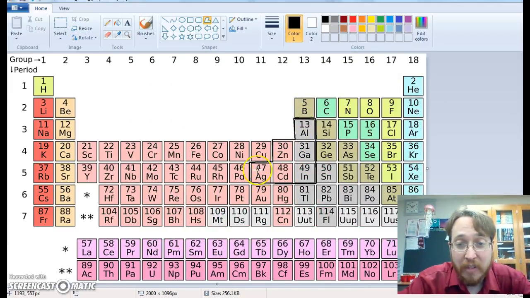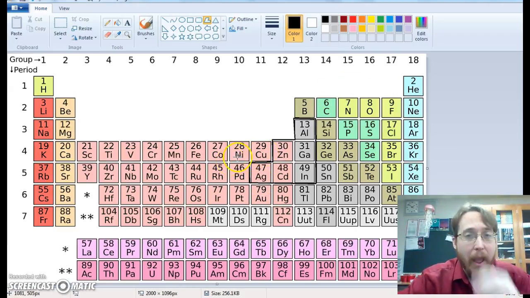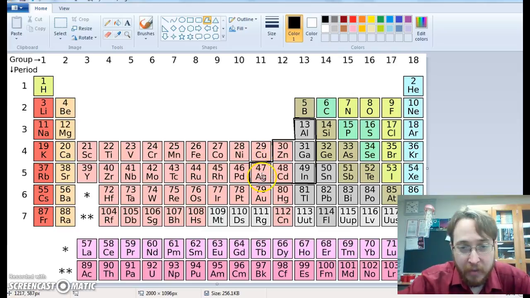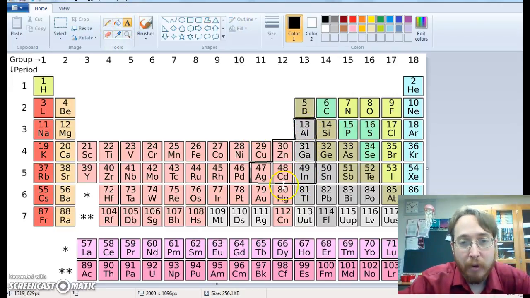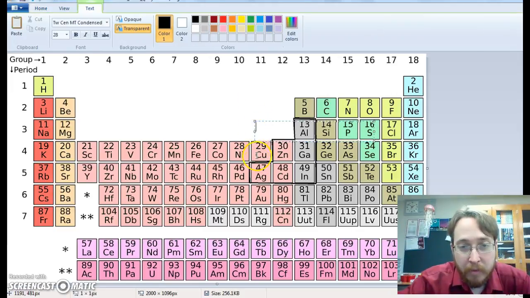They kind of have like a stair step in the opposite direction of the metalloids. And on the first step, we have silver. Here we have zinc and cadmium, and here we have aluminum, gallium, and indium. Now, there's a convenient pattern that develops. Silver always has a charge of +1.